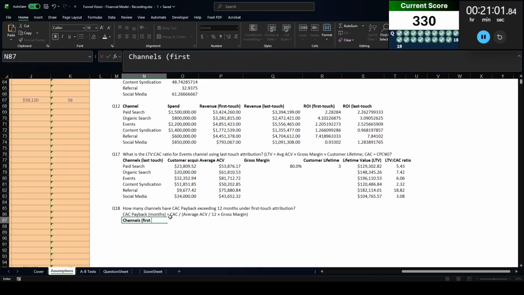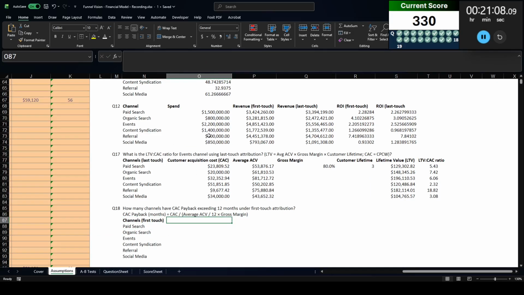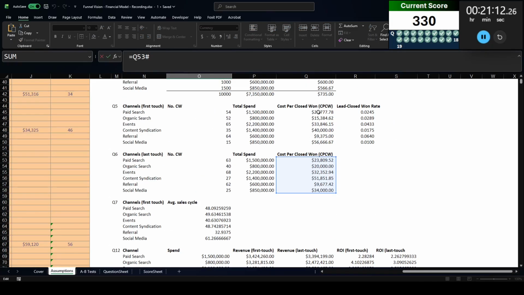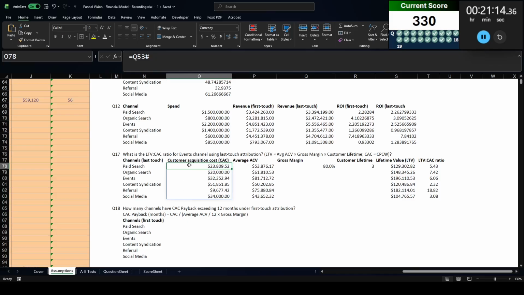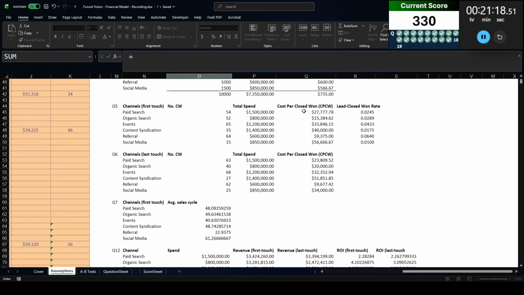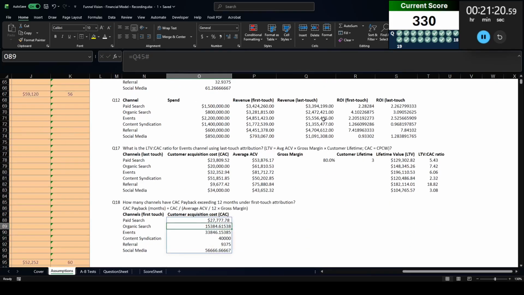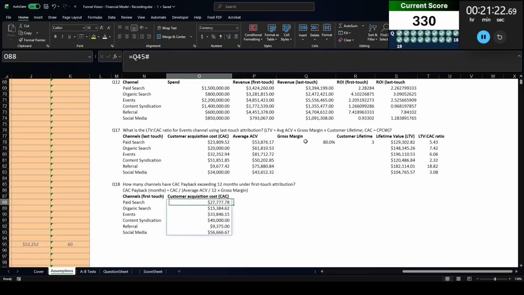So channels first touch. And we can just put channels here. I believe we should have the customer acquisition cost, yep, there it is for first touch. So we can refer to the numbers that we found up there. And we also need average ACV as well.